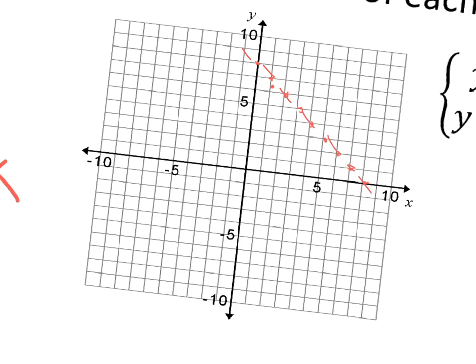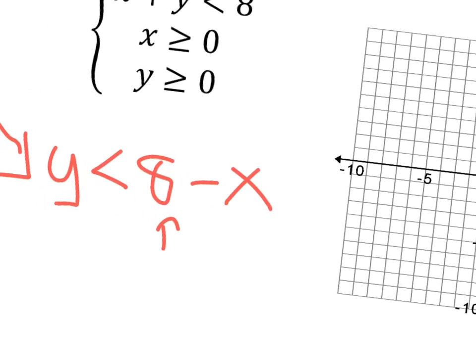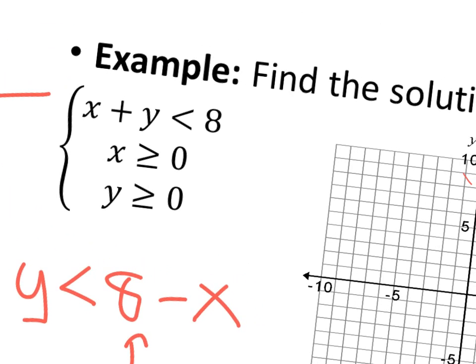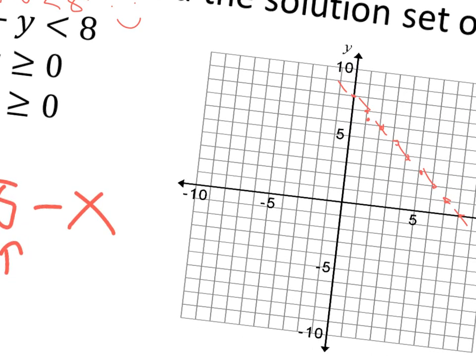And if we use 0, 0 as our test point, is 0 plus 0 less than 8? Yes. So that means our arrows face our test point, 0, 0.